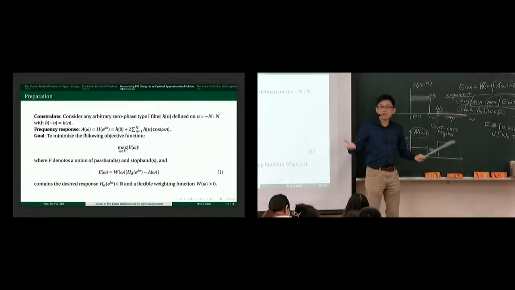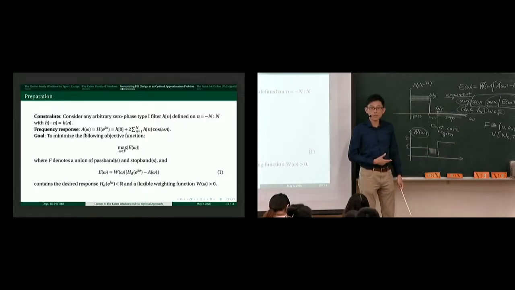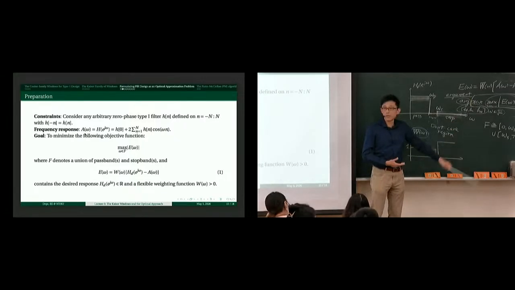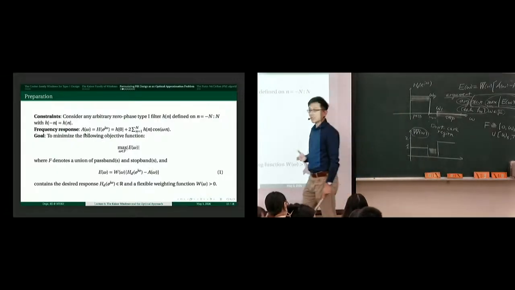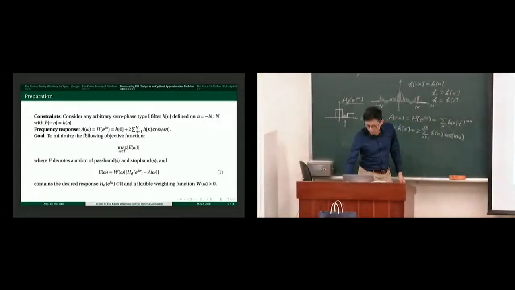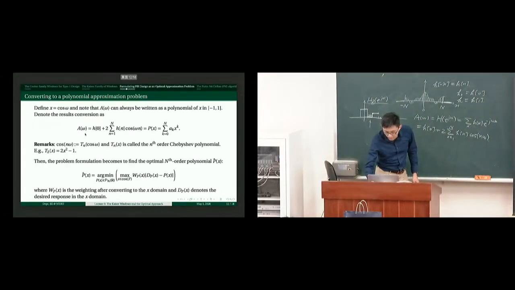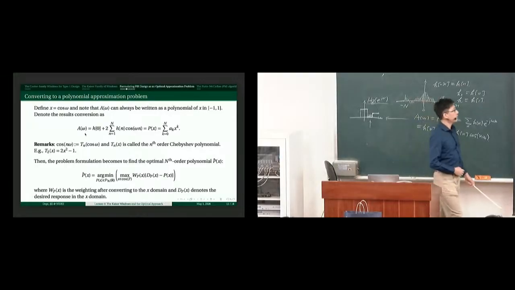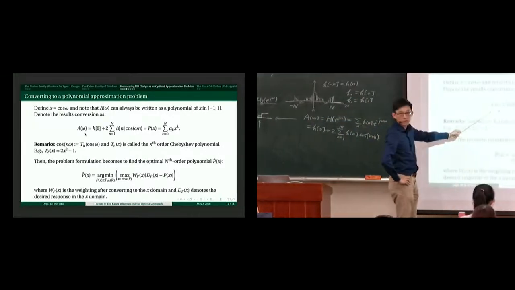So design of the filter becomes an optimization problem. Because minimum maximum error is about optimization. So just to give a preview, turns out that one step further, this is surprising, okay?